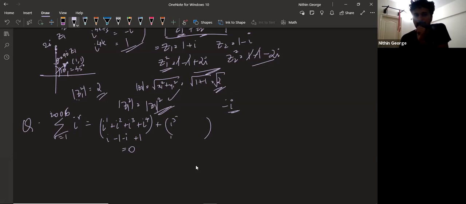I power 5 will be i, i power 6 will be minus 1, i power 7 will be minus i, and i power 8 will be 1. When I add them up, I'll get 0. So this will keep on happening for every batch of 4. Think of every batch of 4 coming out to 0. So then we start from i power 4k plus 1. 2004 is divisible by 4, so 4k plus 1 will be 2005, plus i power 2006.